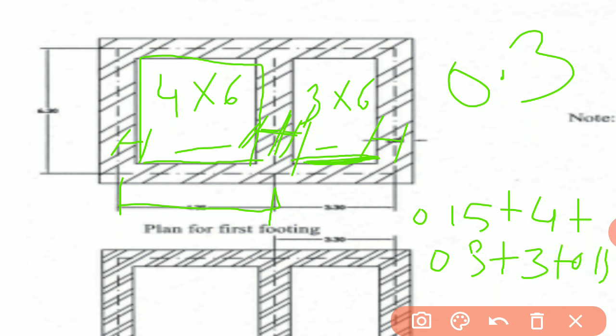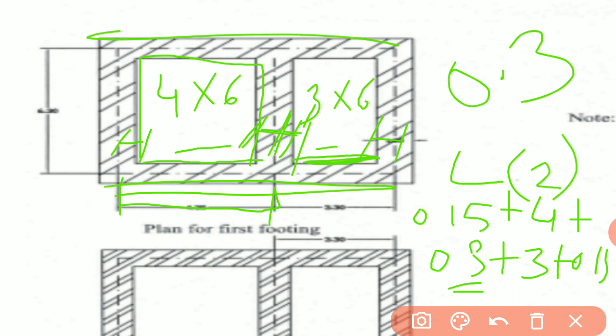So this much is the length of the long wall, and the number of long walls is 2. These two walls we are supposed to consider.